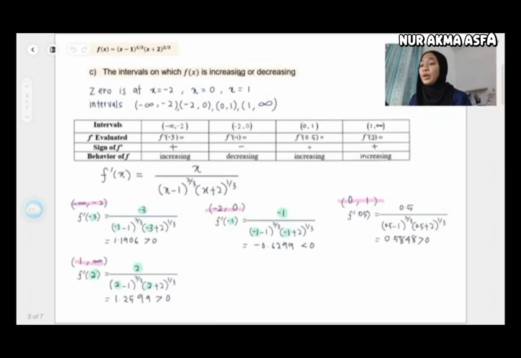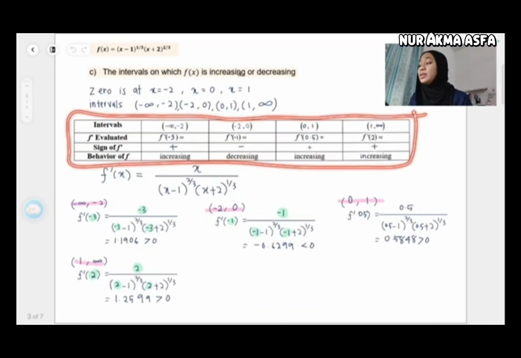For the 1C question, find the intervals on which the function f(x) is increasing or decreasing. To find the intervals, whether it is increasing or decreasing, we need to do a table.